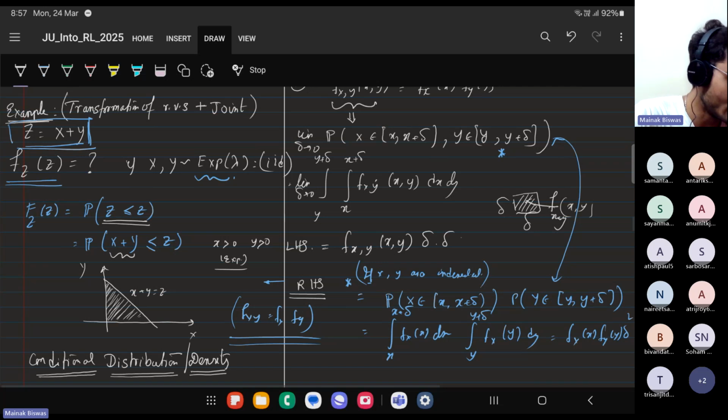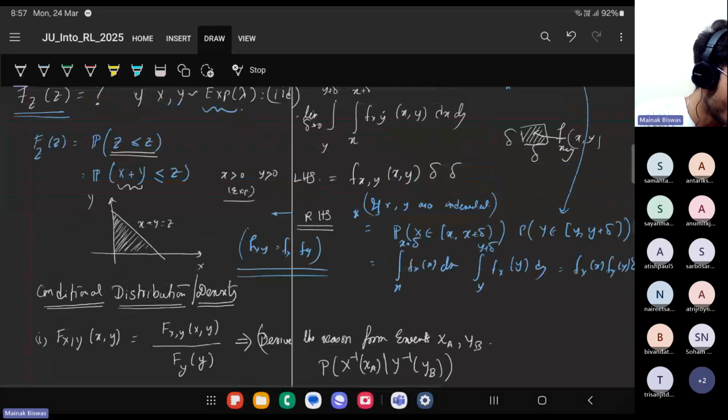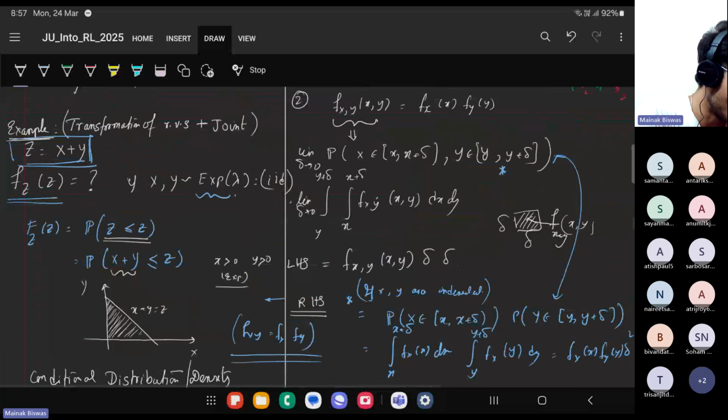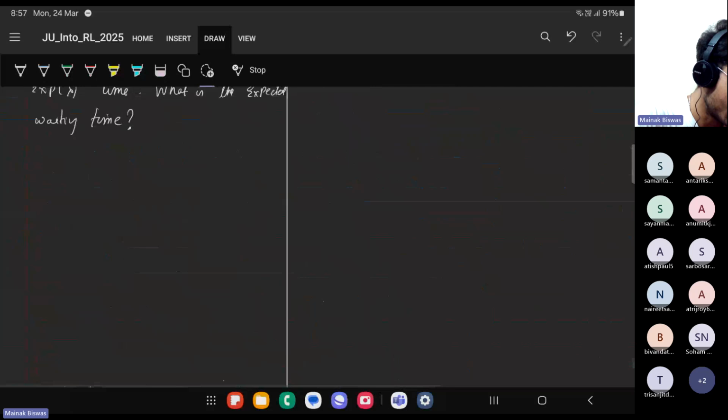First of all, what would be the joint of x comma y? Let's try to find that out. I'll copy this and keep it handy. I'll rewrite it at the end.